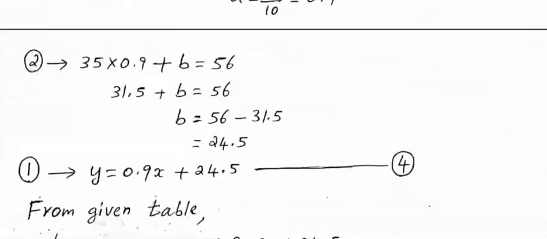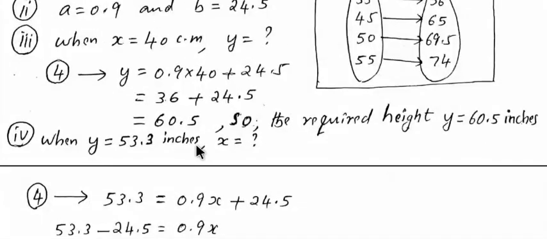Therefore, we can write in the third question: when x is equal to 40 centimeter, what's the value of y? Therefore, substitute in equation number 4. Equation number 4 is nothing but y is equal to 0.9x plus 24.5. Here we can substitute the value of x, 40. Then simplifying, we will get the value of y. Therefore, 0.9 into 40 plus 24.5.